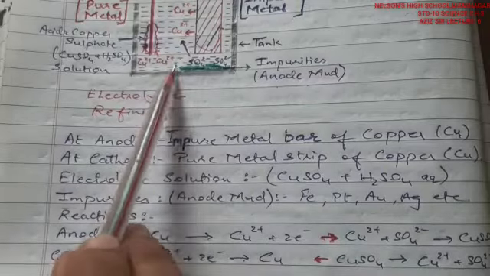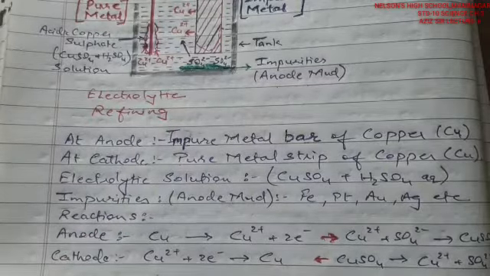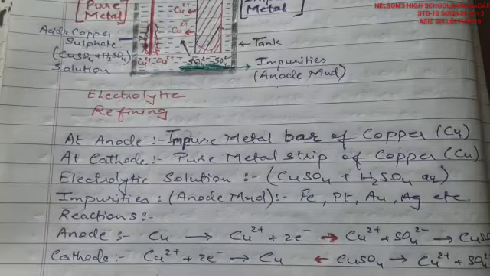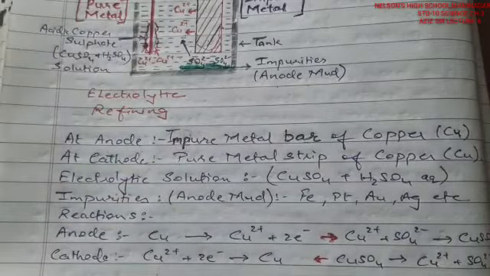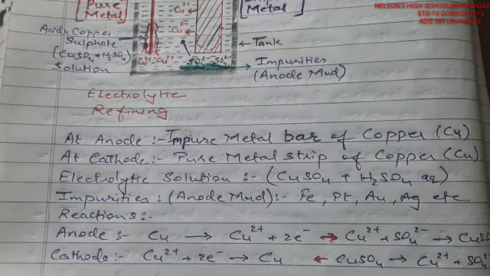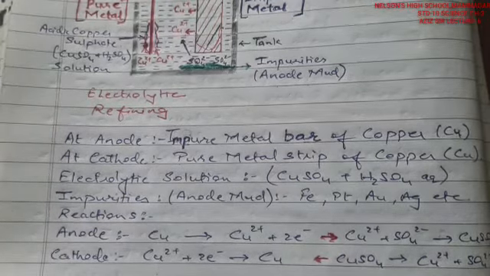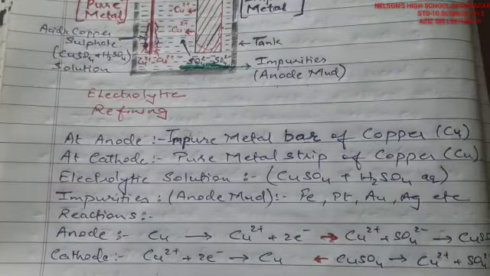In the solution, the copper sulfate ionizes into copper ions and sulfate ions, and the sulfate ion goes and accumulates at the anode. This is how the process of electrolytic refining happens, and the pure metal is collected. It can be done with zinc, tin, nickel, silver, gold, any such element.